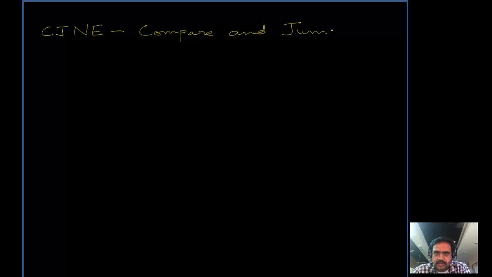The first instruction that I'm going to introduce you to is CJNE. This is nothing but compare and jump if the two values are not equal.